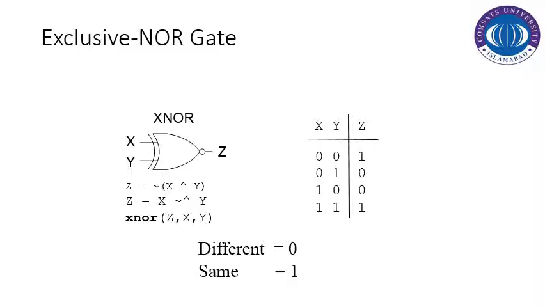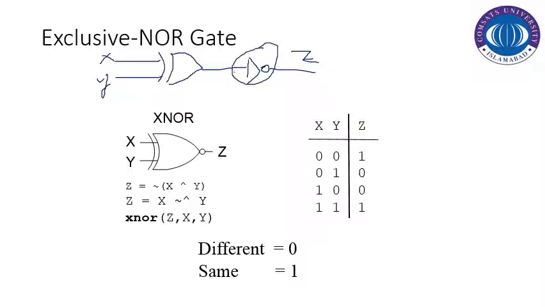And now let's discuss another version of the gate, that is the exclusive NOR gate. So if we invert the output of XOR gate, we will generate the output for the exclusive NOR gate. So exclusive NOR gate is basically, we can represent that in such a way that we are inverting the output of the exclusive OR gate. So here we've got X, here we've got Y, and if we invert by using a NOT gate, this is Z. So this NOT gate is represented by this bubble here.